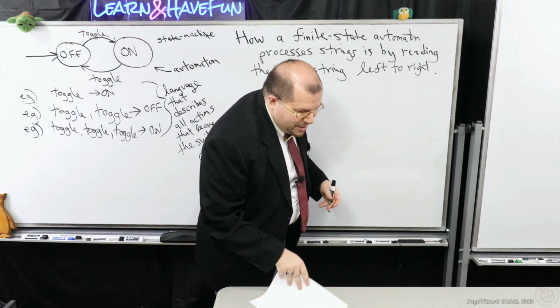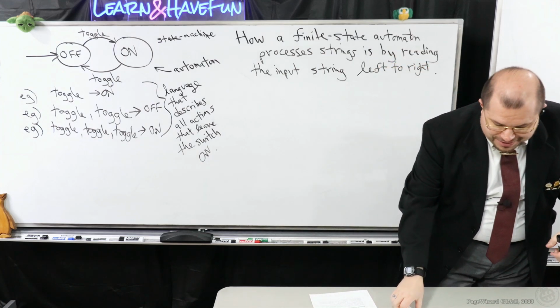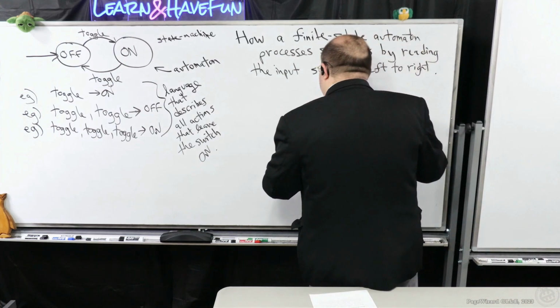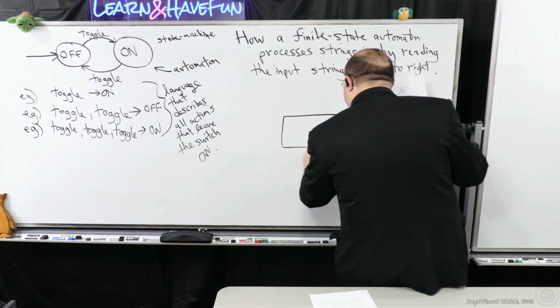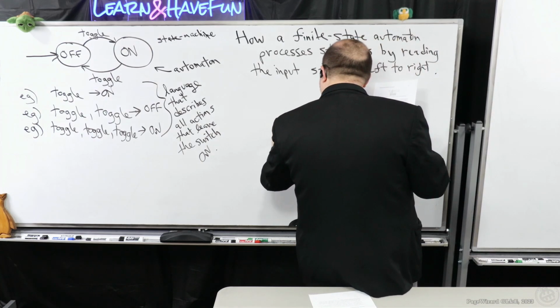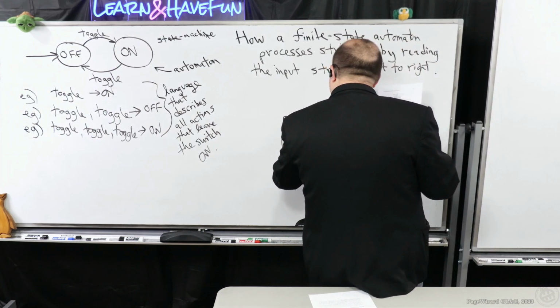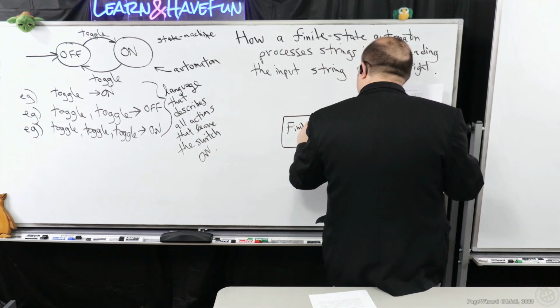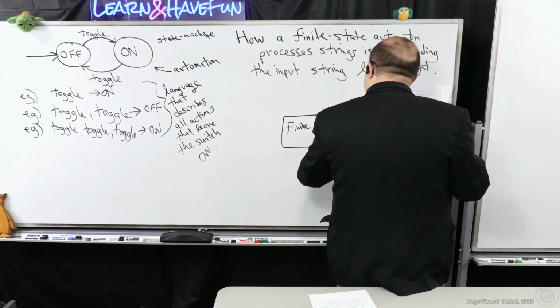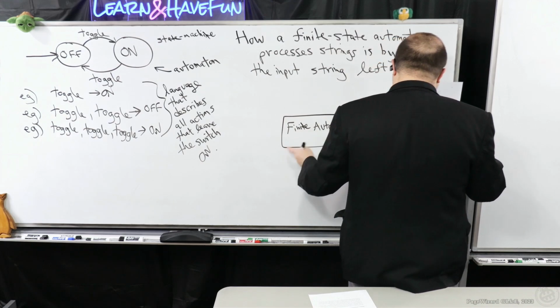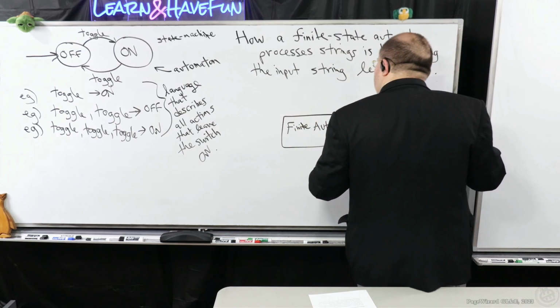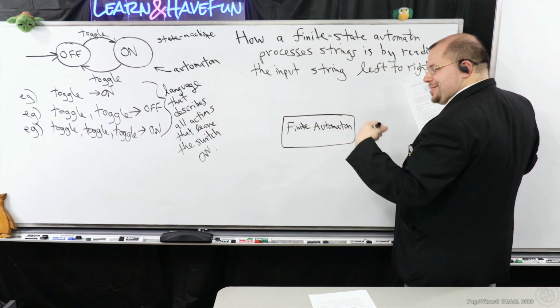Let me draw a fun picture to kind of put what we're putting in place here. So you imagine I have my machine, my finite automaton. Here's my machine. And this is the framework that we're going to work within.